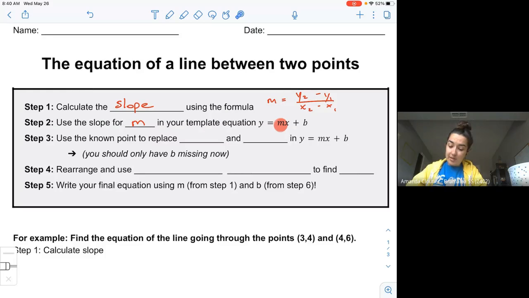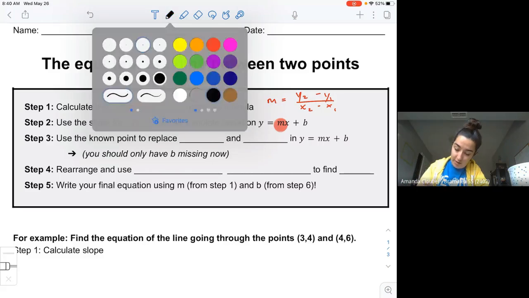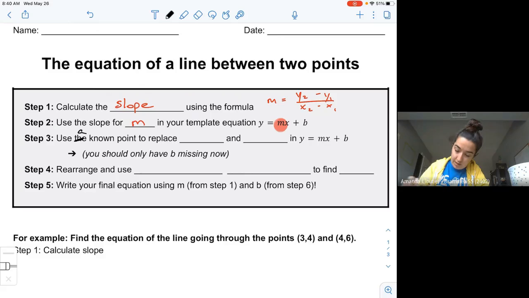Step number 3 is to use a known point. And we're going to replace x and y in our template equation once again.